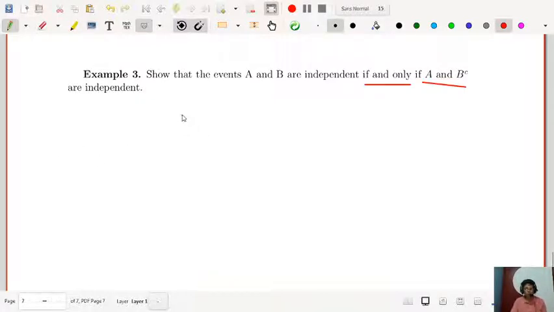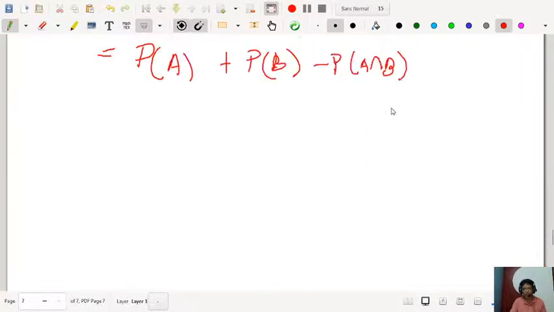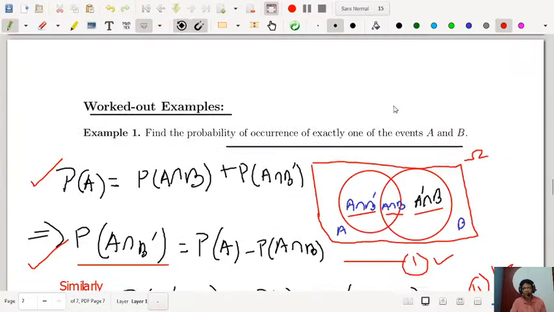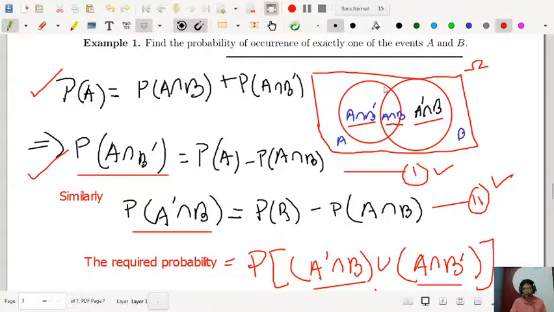So again, if we look into the diagram, A can be written as the union of these two mutually exclusive events, A intersection B complement and A intersection B. Once again I repeat, A is the union of these two mutually exclusive events.